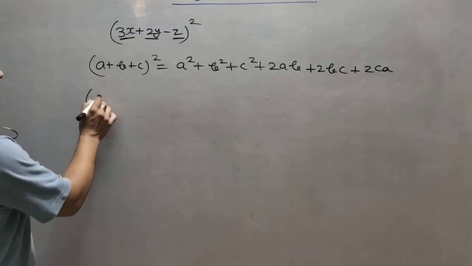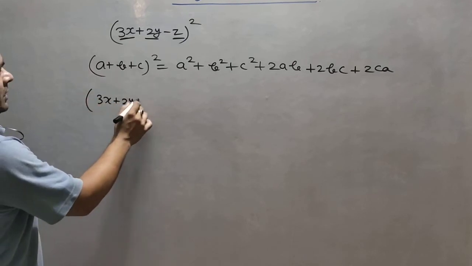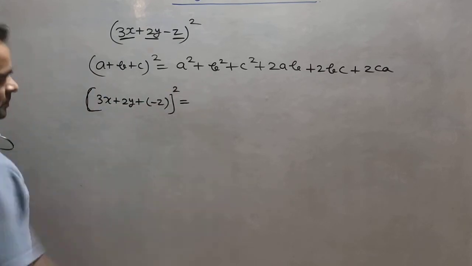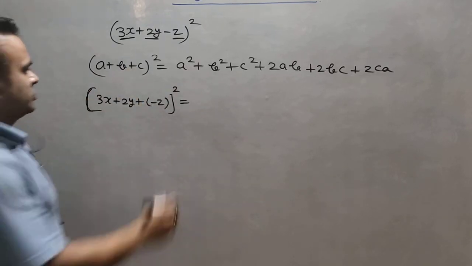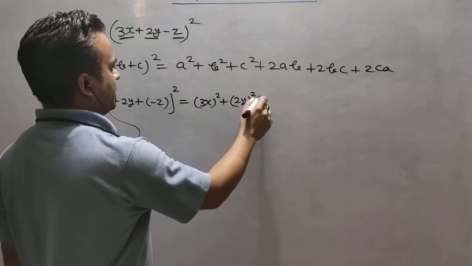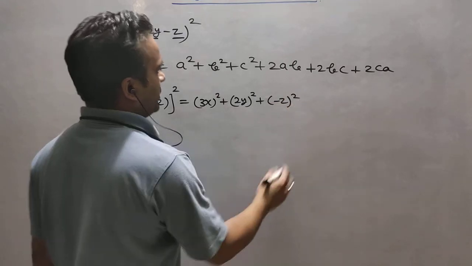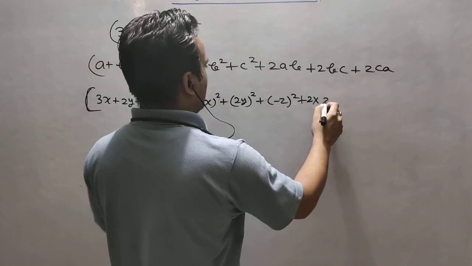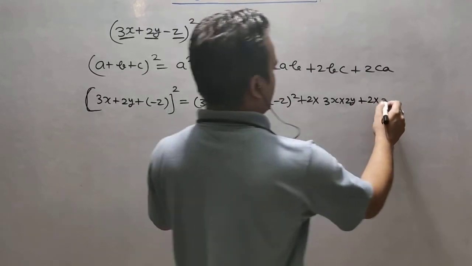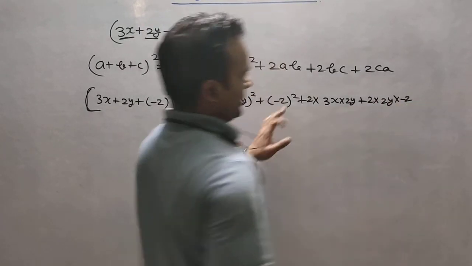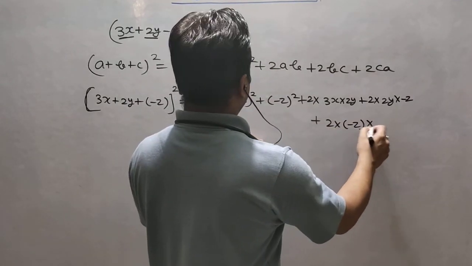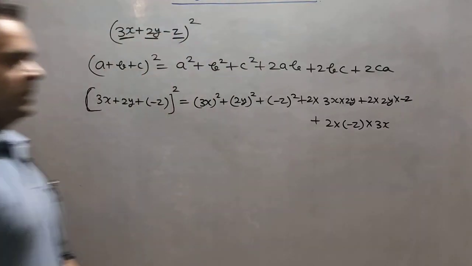So it will be 3x plus 2y plus minus z. I am representing it this way so that you will be able to understand the meaning of c. So it will be 3x whole square plus 2y whole square plus minus z whole square plus 2 into a, which is 3x, into 2y, plus 2 into b, which is 2y, into minus z, meaning c is minus z, plus 2 into c, minus z, and a, 3x.